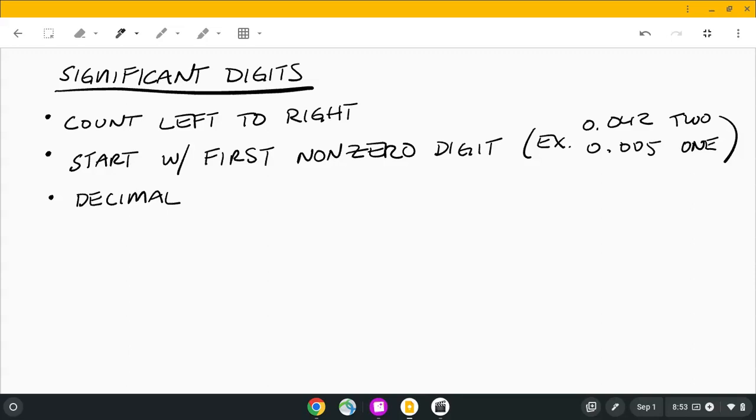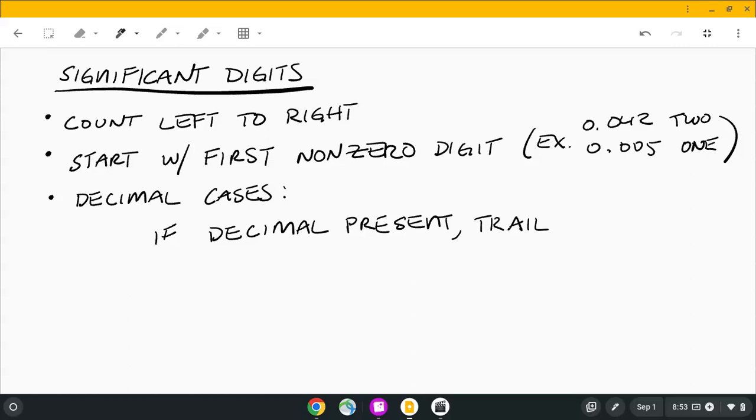Now for the decimal cases, we have 2 cases. One, if the decimal is present, trailing zeros count.